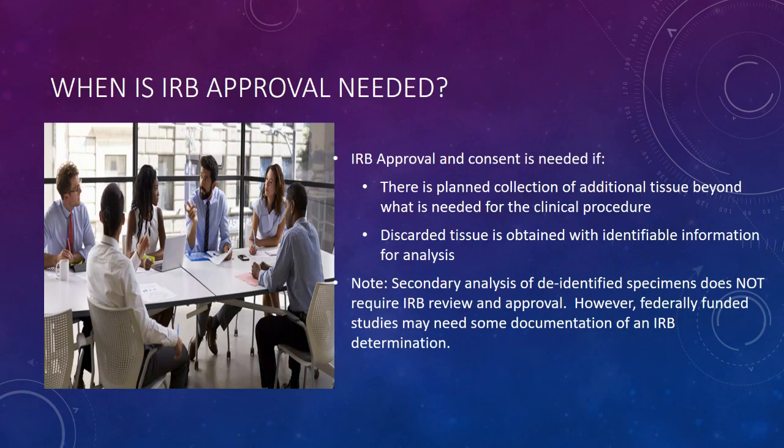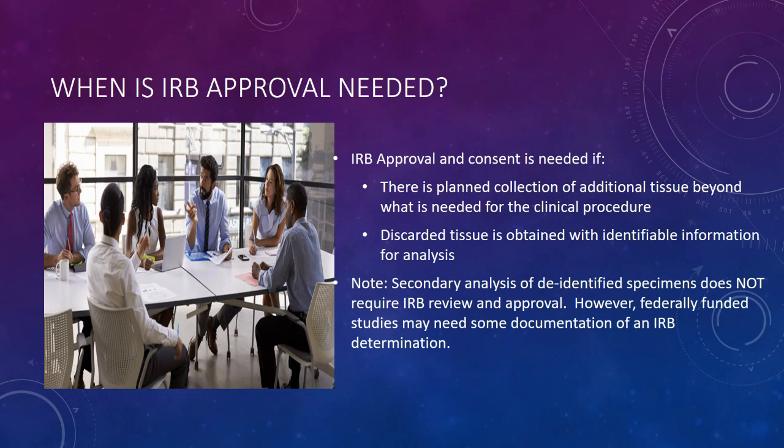So when is IRB approval needed? IRB approval and consent is needed if there's a planned collection of additional tissue beyond what is needed for the clinical procedure, or when discarded tissue is obtained with identifiable information for analysis.